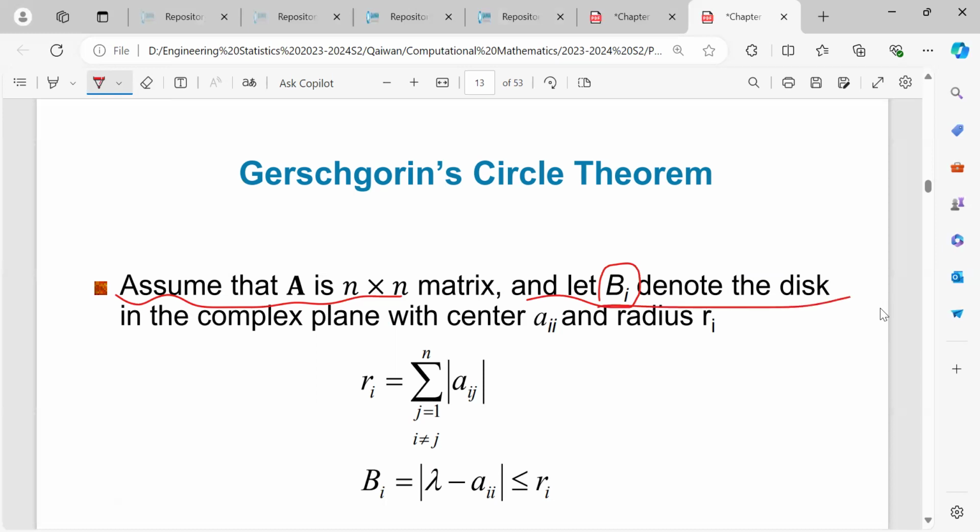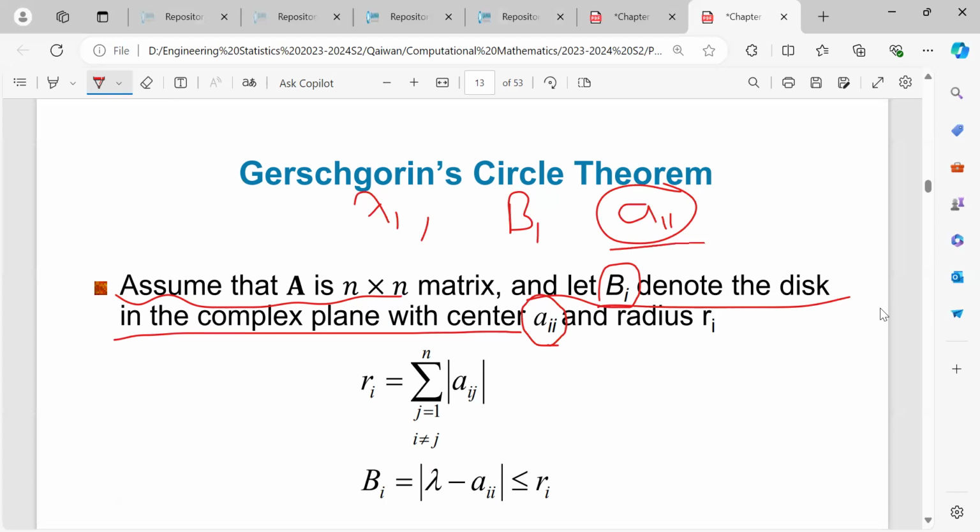B_i denotes the disk in the complex plane with center at a_ii. For lambda 1, we have B1, so what's a_ii? It is a_11, the entry taken from matrix A. It's the center of the disk. And the radius is R_i, here R1.